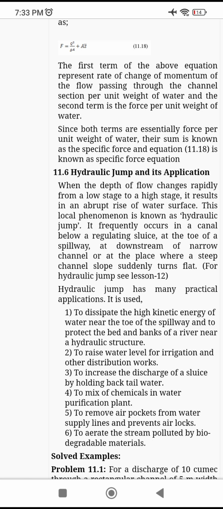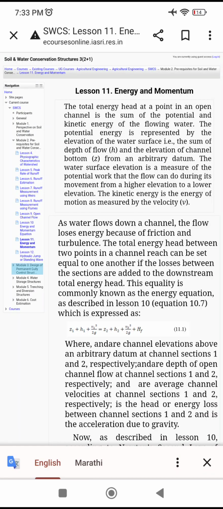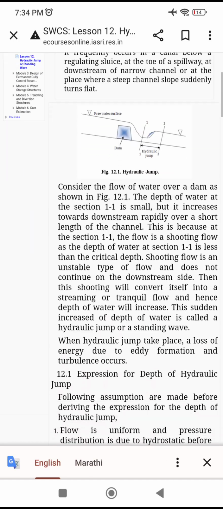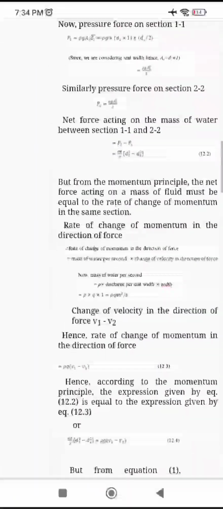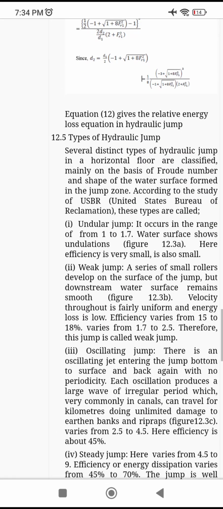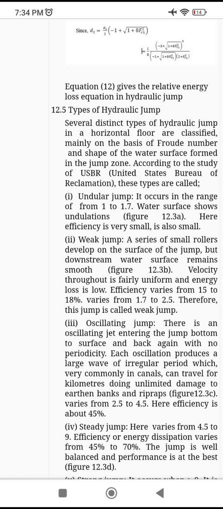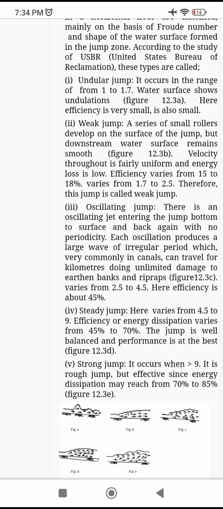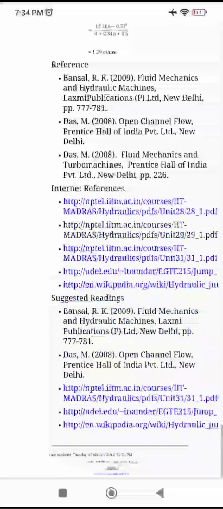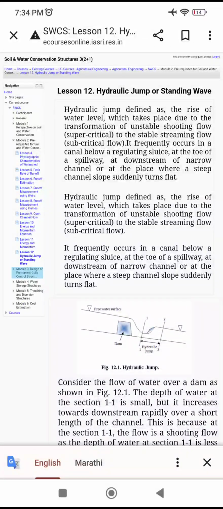From an exam point of view, it's an important topic. Here it is, hydraulic jump or standing wave. Types of hydraulic jump: undular jump when Froude number is 1 to 1.7, weak jump 1.7 to 2.5, oscillating jump 2.5 to 4.5, steady jump 4.5 to 9. So these are different types of hydraulic jump.